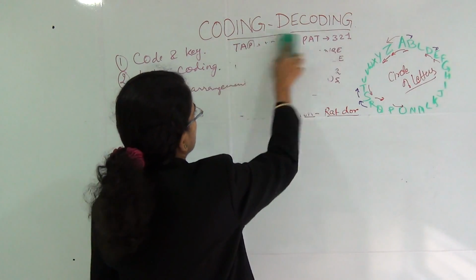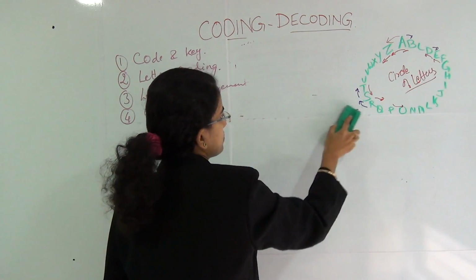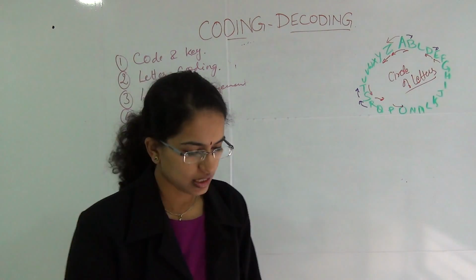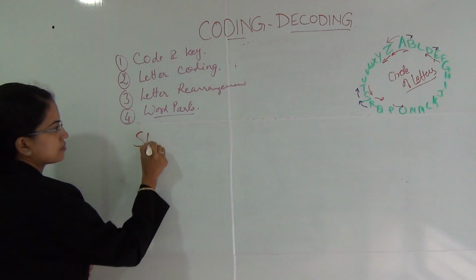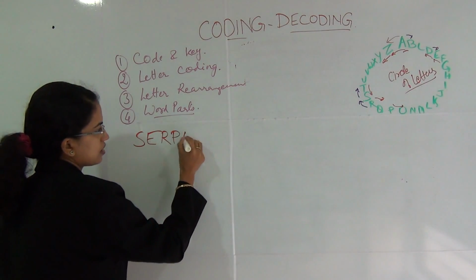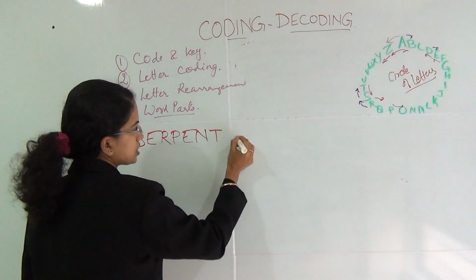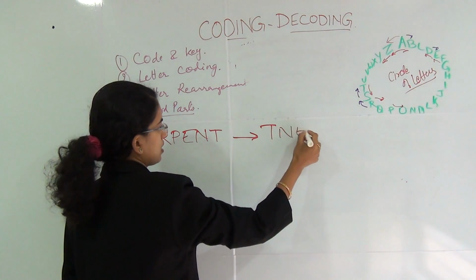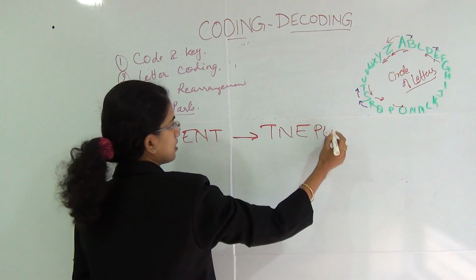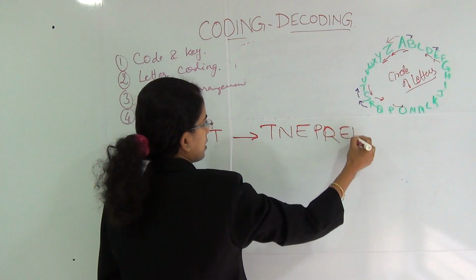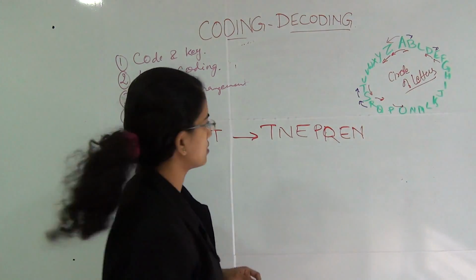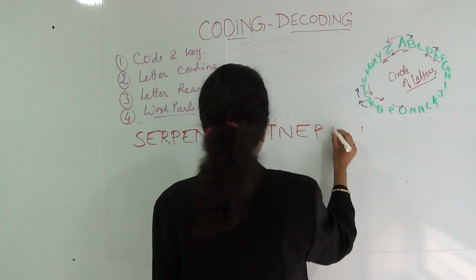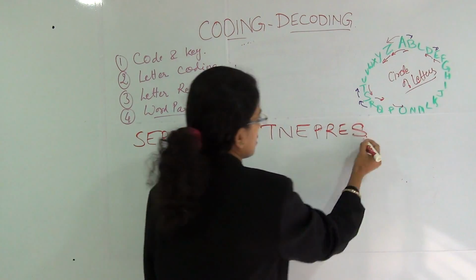Under letter rearrangement, we'll start with a very simple example where I'll say serpent in English is coded as this.